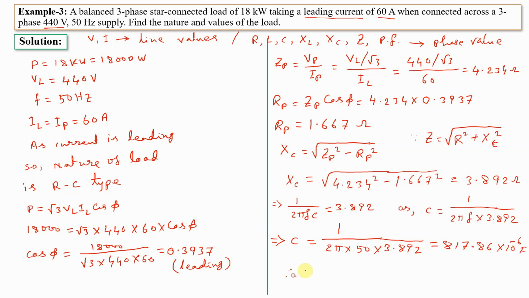So finally the value of C will be 817.86 microfarad. So this is the resistance per phase of the load, and this is the capacitance per phase of the load.